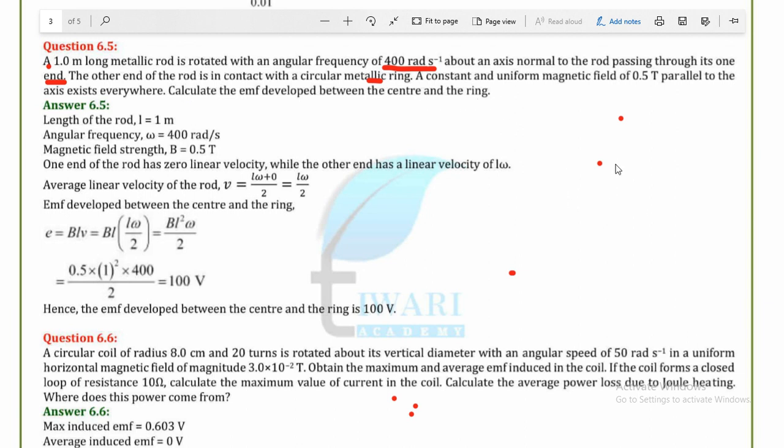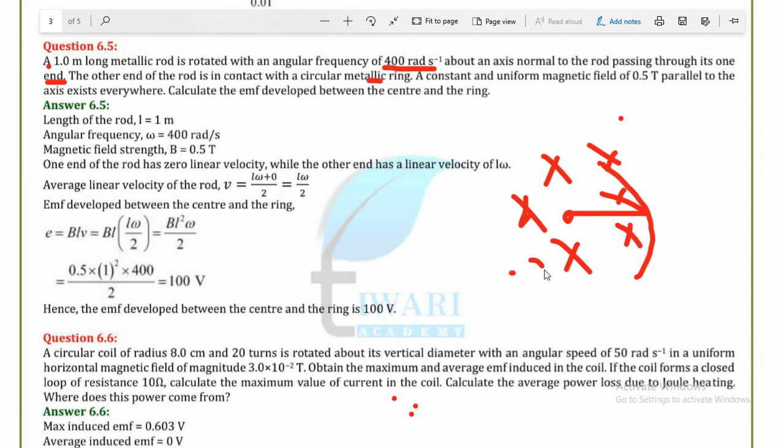So let's see, suppose this one is the rod. Okay, now there is a circular ring on which it is connected. This one is the center and the magnetic field is along the axis of this rod. It means magnetic field is perpendicular to the plane of paper.